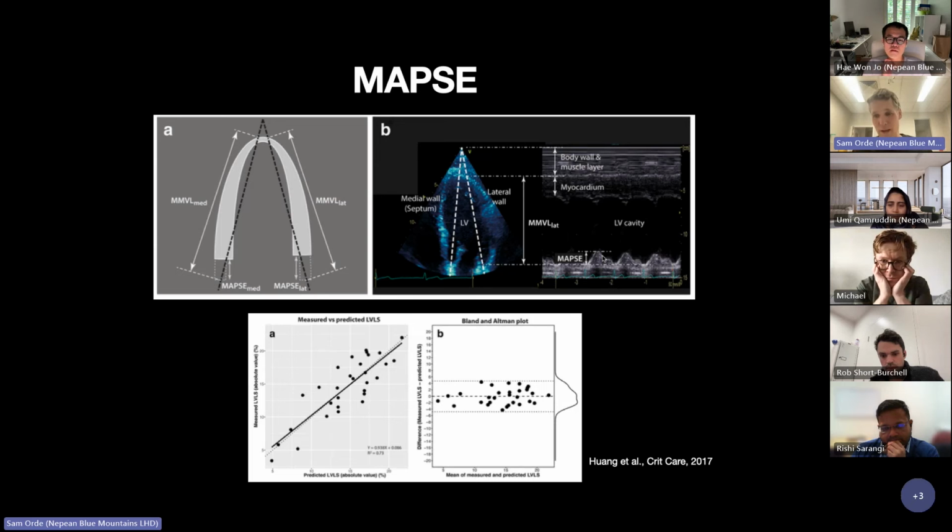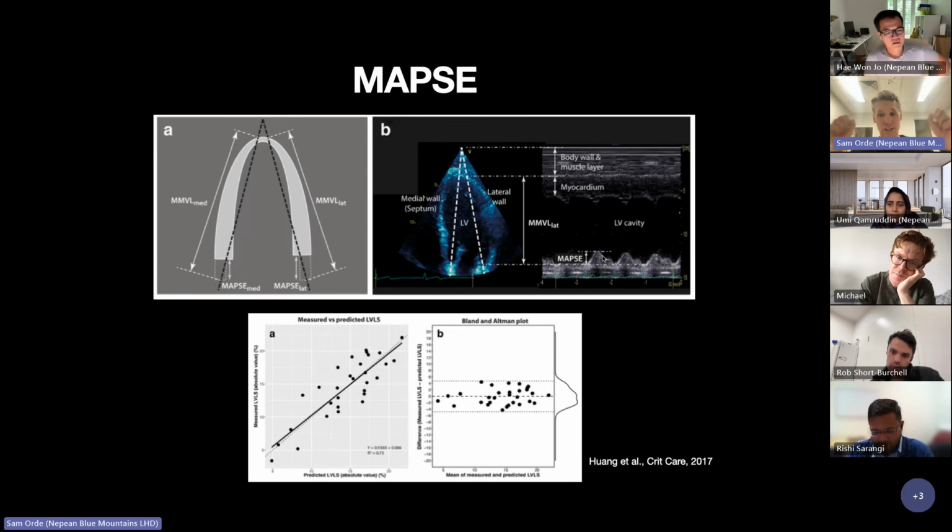The reason why this may be useful, and the same thing goes for speckle tracking, is that if we look at the myocardial fibers of the LV, the ones on the outside are oblique, as in they sort of curve up and round in these spirals. The ones on the inside are longitudinal.